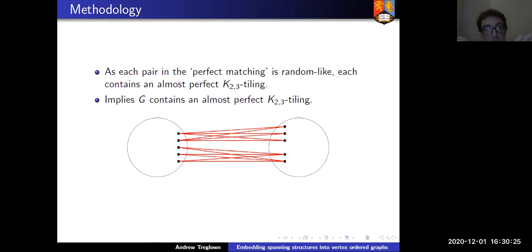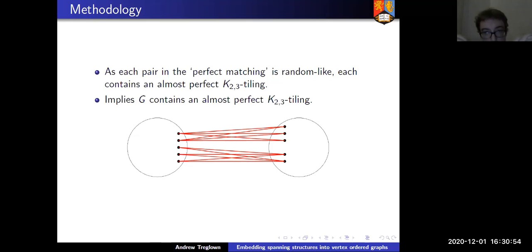The way you embed in your epsilon-regular pair is you put 2 vertices on the left-hand side and 3 on the right-hand side, then embed another copy with 3 on the left-hand side and 2 on the right, then flip again, and again, and again. So you get a very balanced tiling. And the point is, because the edges are distributed in a random-like way, you can actually find this almost perfect K_{2,3} tiling in this epsilon-regular structure.